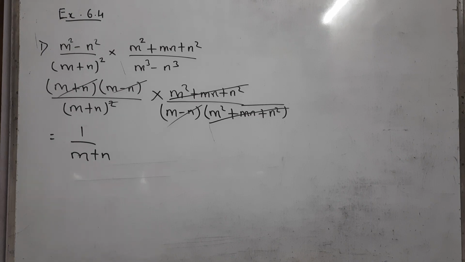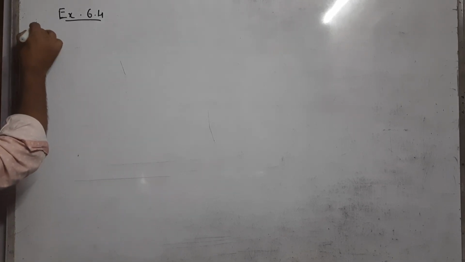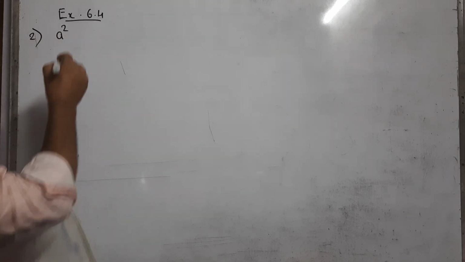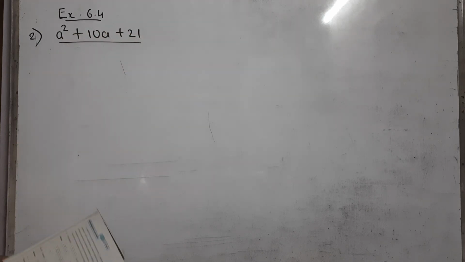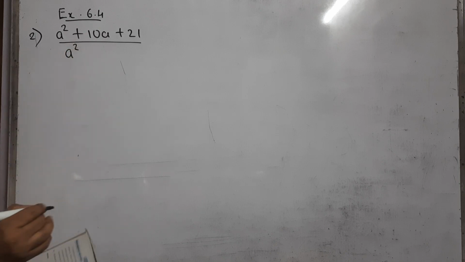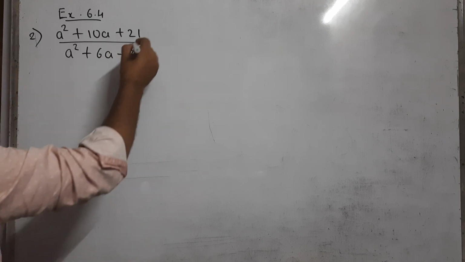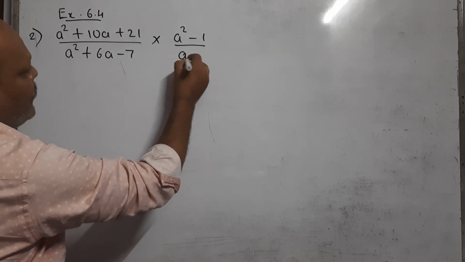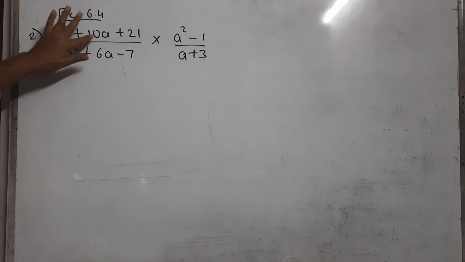Now we'll go for the second sum. Here we can factorize this term a square plus 10a plus 21.